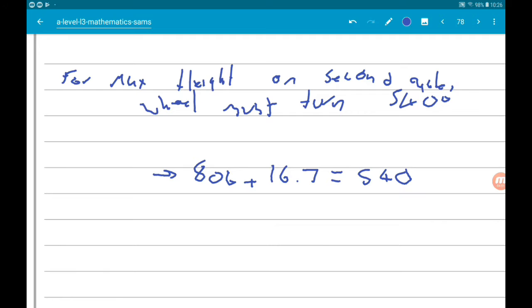So we take away 16.7. 80t is 523.3. And then divide by 80. We get 6.54125.